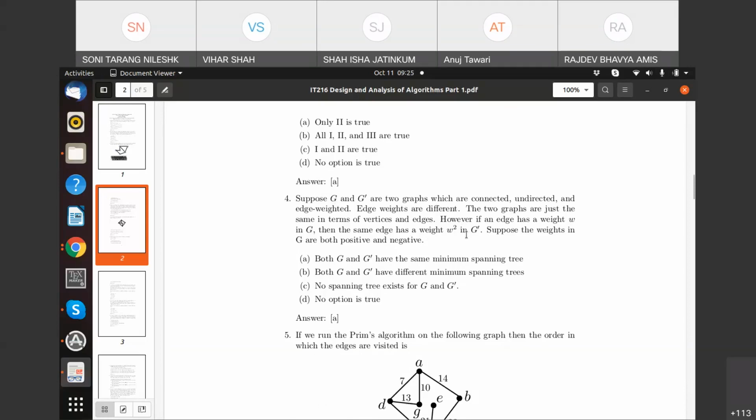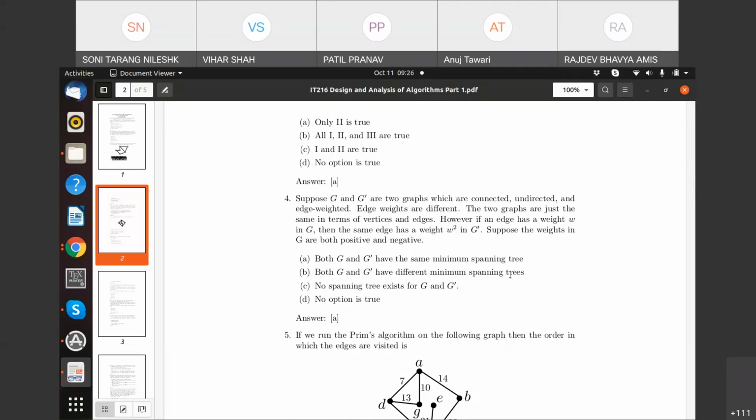So it could be possible that this negative weight is coming later in this graph. Okay, so I think both G and G prime should have different minimum spanning trees. But let me confirm from the other instructor.